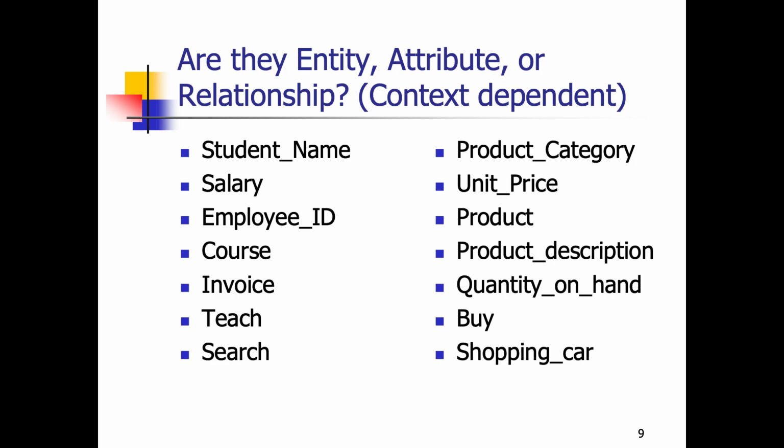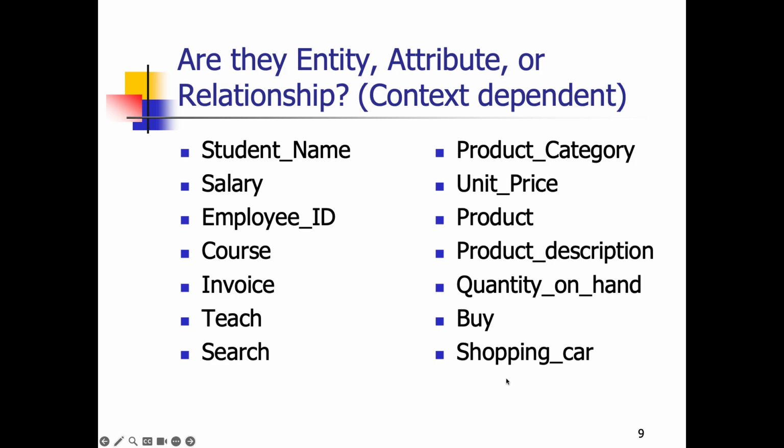Again, depending on the context, this may slightly change, but it could be an attribute as well. Unit price. Product. So we already had entity. Product description. Attribute. Quantity. Attribute. Buy. Relationship. Shopping cart. Let's say cart first, and then cart alone, entity.